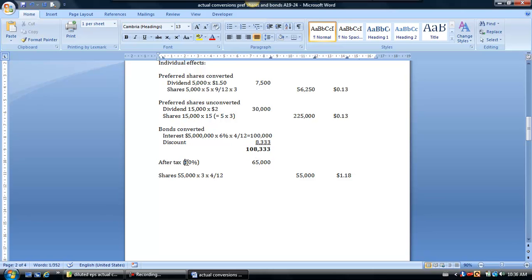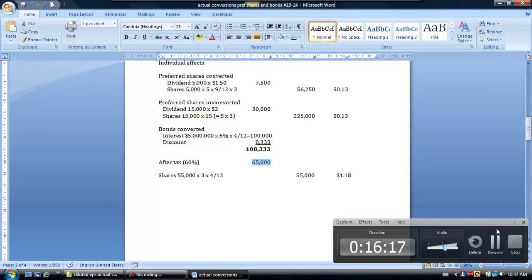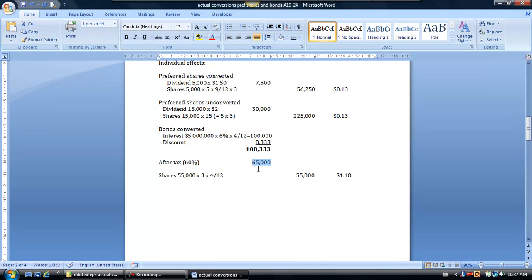Because the tax rate is 40%, after tax, we want to calculate the effect on net income, so we're going to say we would have avoided booking interest expense after tax of $108,333 times 60%, and that will give us $65,000. So now, we've got our after-tax impact, so that's the interest expense you're going to avoid after tax.